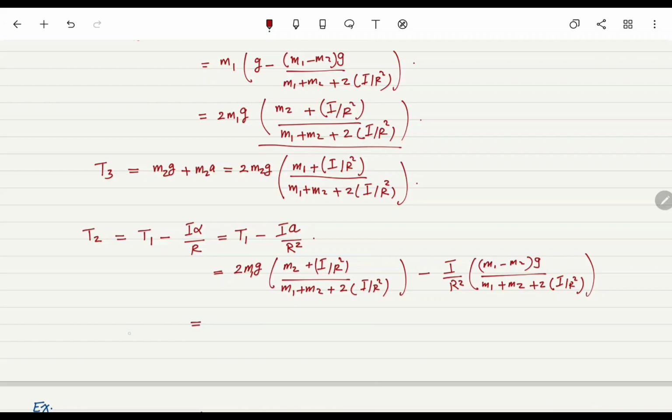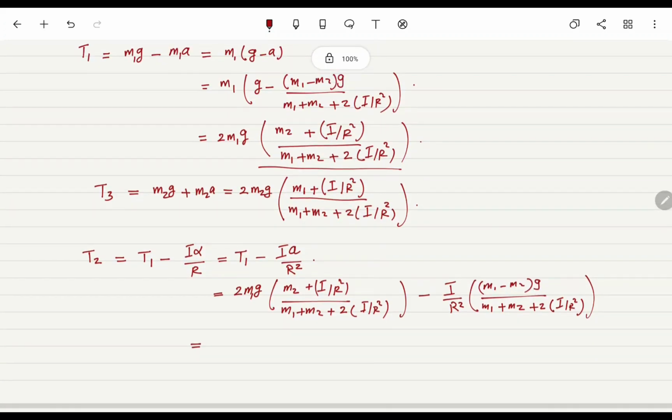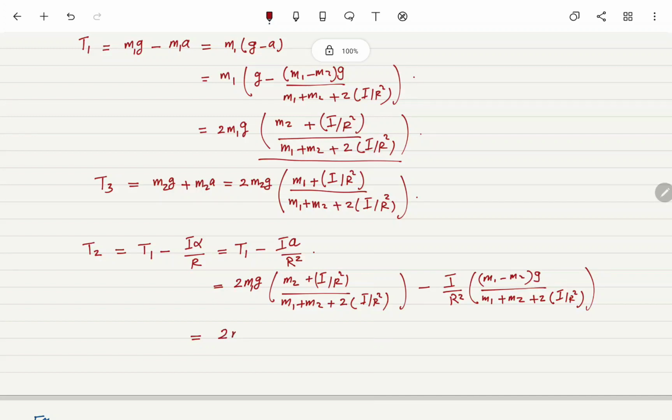You just simplify this final equation, you will find out that 2M1 M2 plus M1 plus M2 times I over R square divided by M1 M2 plus 2I over R square, all multiplied by G, and this is actually T2.